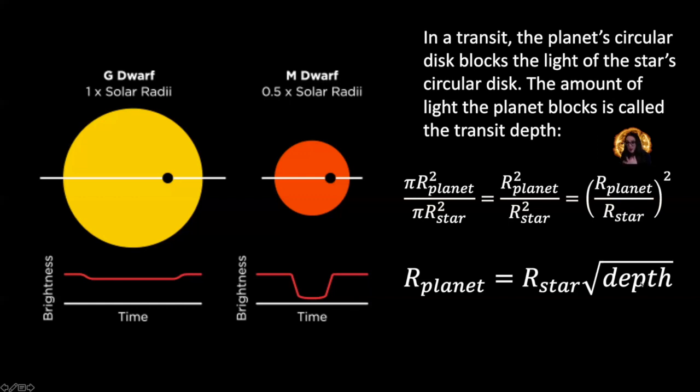So if we know the radius of the star from observations, and we know the transit depth from the light curve as the planet is passing in front of the star, then from that we can figure out the radius of that planet that's making that dip in the light curve. And that's a really important and useful tool for astronomers who are trying to study exoplanets.